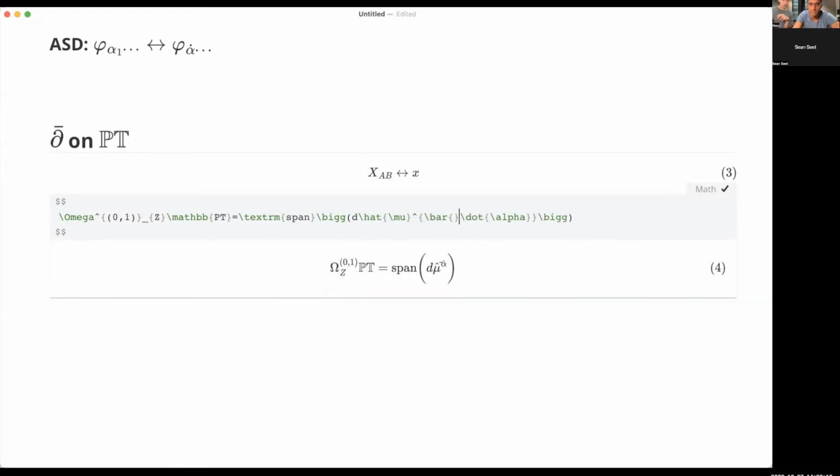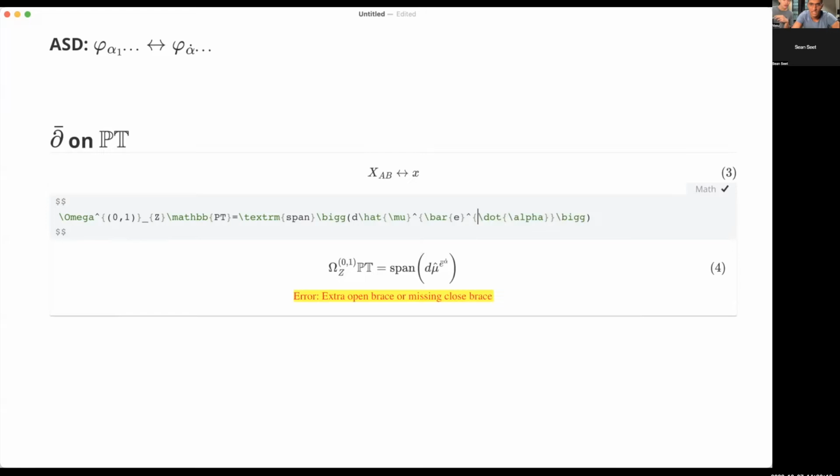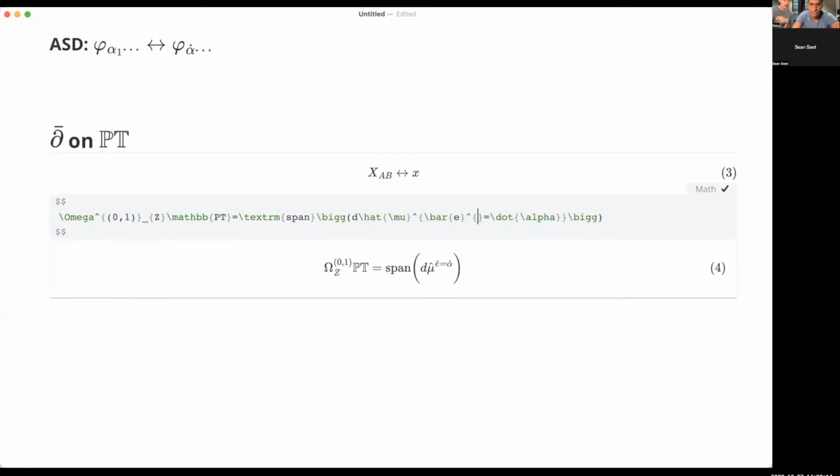So everything is barred. So this is E. For convenience, I call this that.